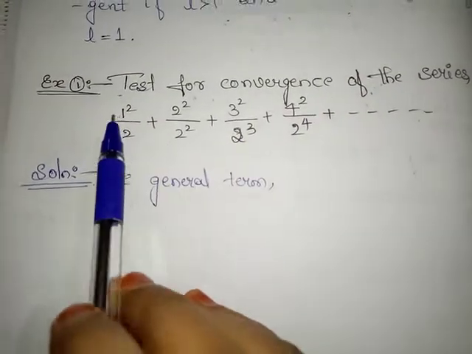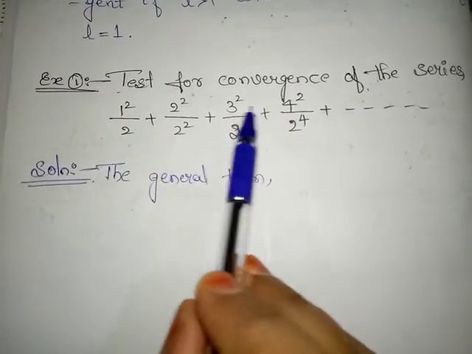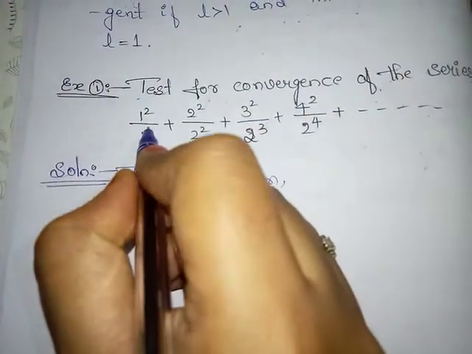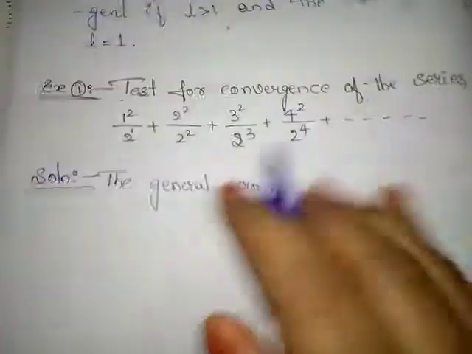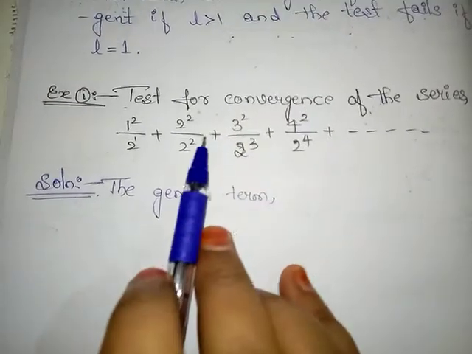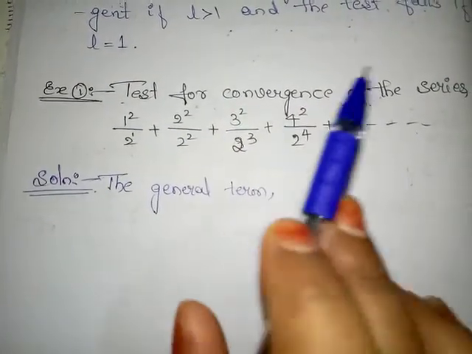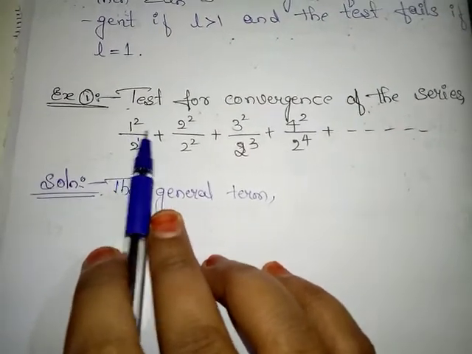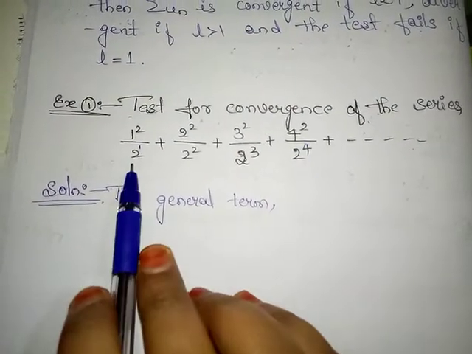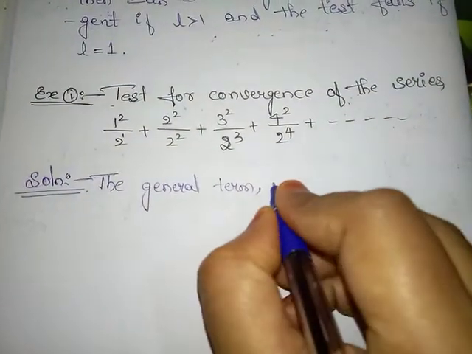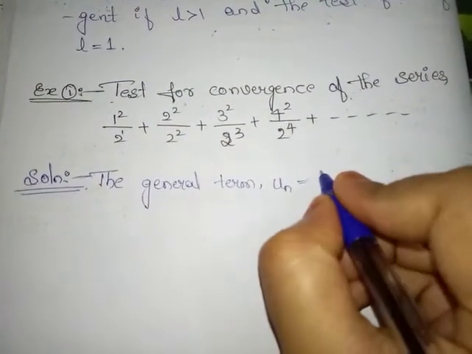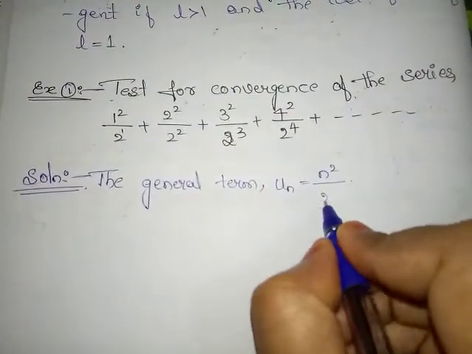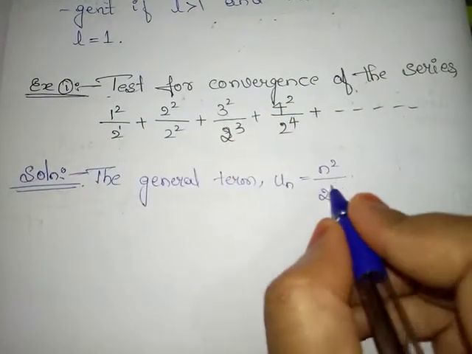Now, see, the base terms are changing here, and in the denominator, the power values are changing, and here where nothing is written, this 2 has power 1. If you consider these changing values as n, then we get un, the nth term, is n square divided by 2 raised to n, where the base term 2 is constant.